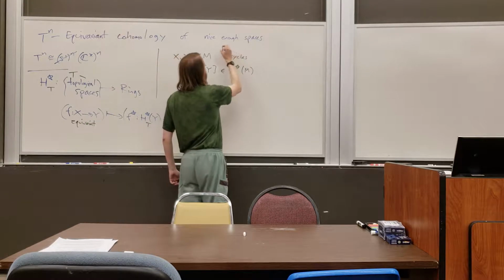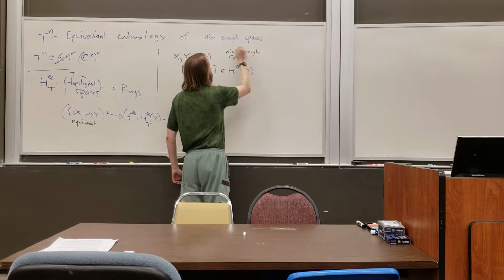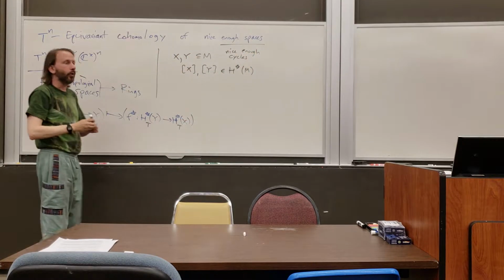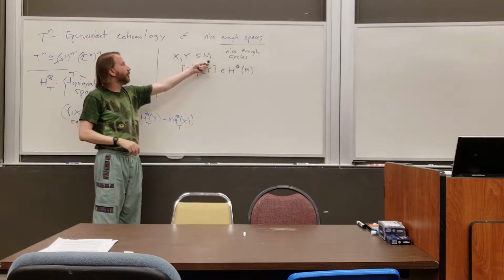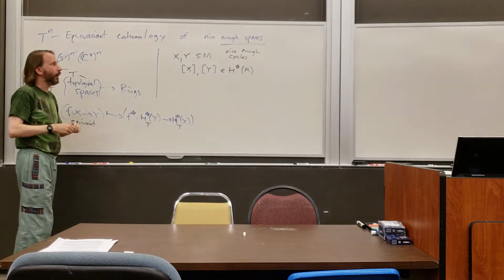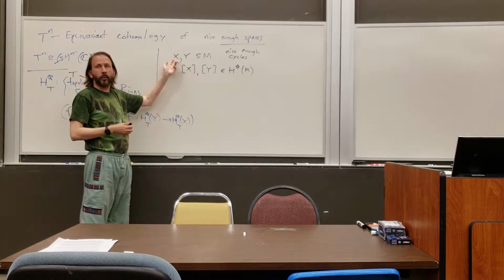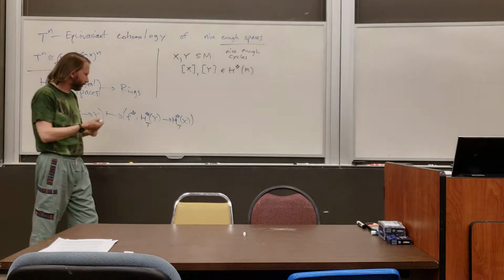And so let me say these are nice enough cycles in order for this to happen. So the case that's going to matter to us is this will be a compact complex algebraic manifold, and these will be complex subvarieties, and that's enough to be able to associate classes.